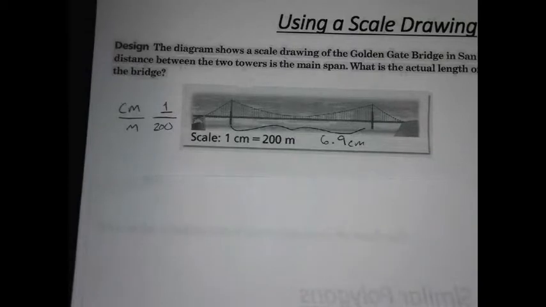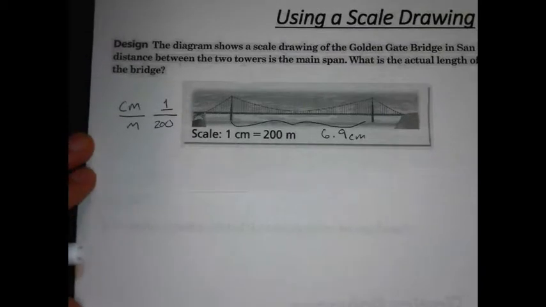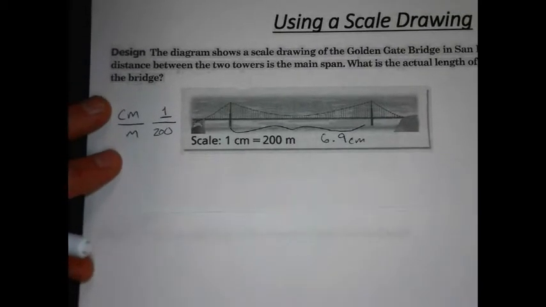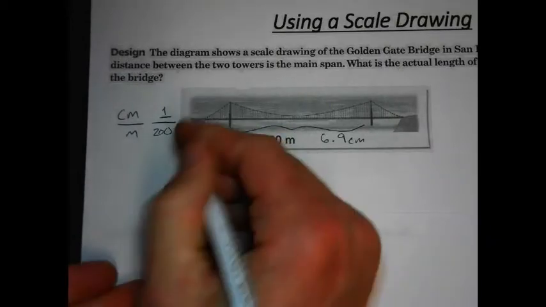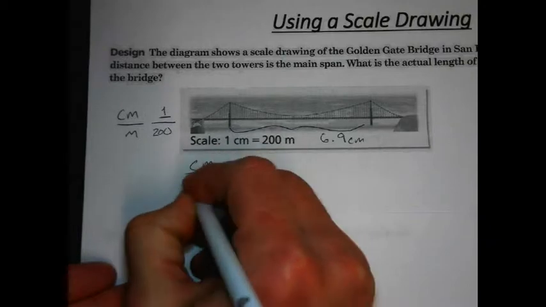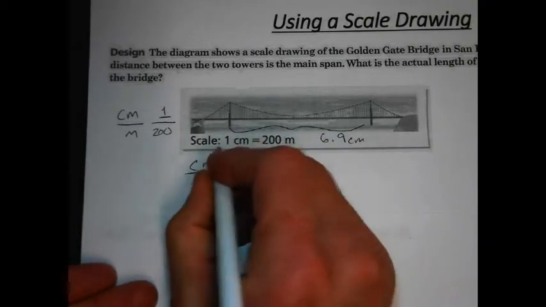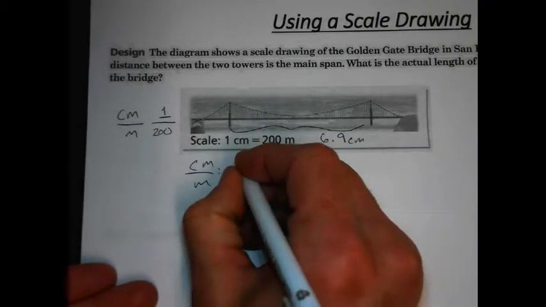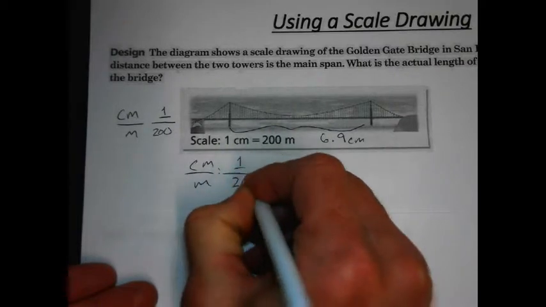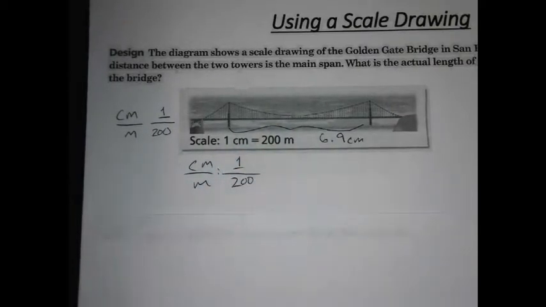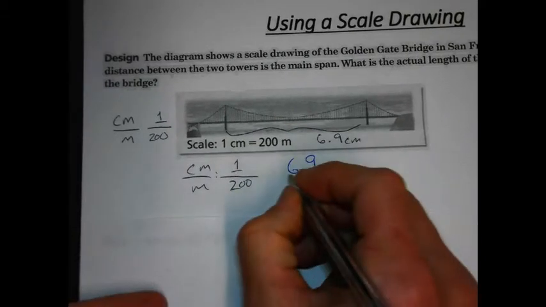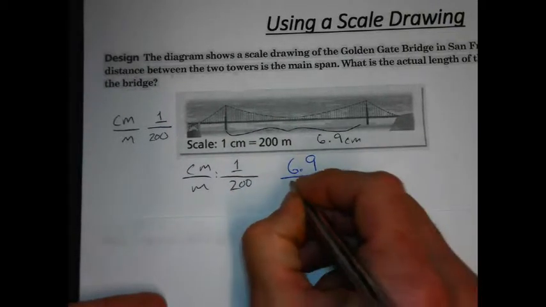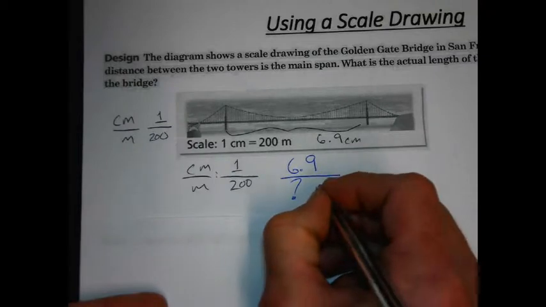Okay, so how do we figure that out? Well, remember from the previous lesson, we can use a proportion. So we know that we're dealing with centimeters to meters, and we know that the scale factor is 1 centimeter to 200 meters, and that's going to be equal to, well, in this case, 6.9 centimeters to some actual length in real meters.